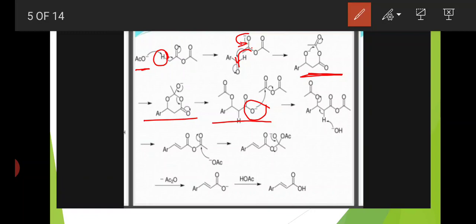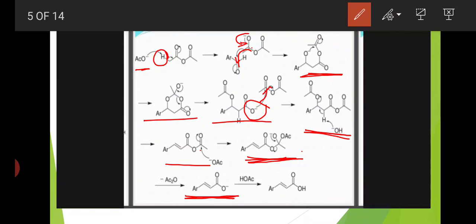This negative charge is attached to the anhydride carbon and forms this intermediate, and in the presence of acetate ion, the acetate ion binds with the carbonyl carbon and forms this acetate derivative, and here one of the acetate ions is eliminated outside and forms a carboxylate anion.